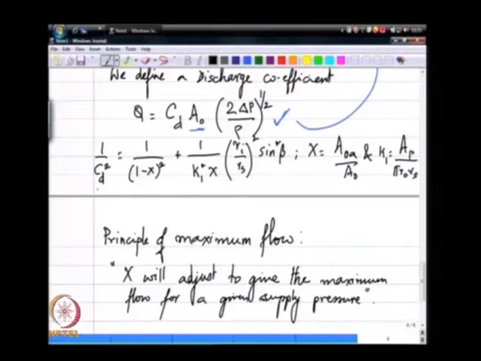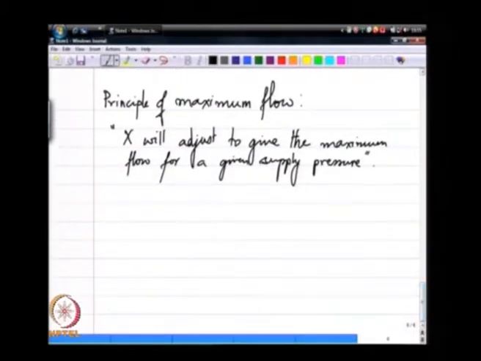relating 1 over C d squared to x, and one way of employing this is to set d dx of 1 over C d squared equal to 0. So, essentially d C d dx equal to 0 is the same as writing this expression, and when I do that, what do I have?